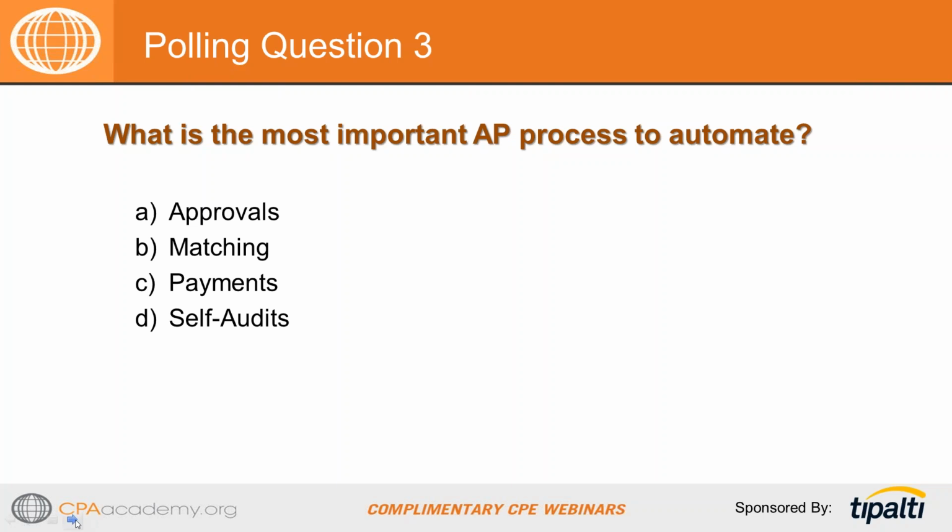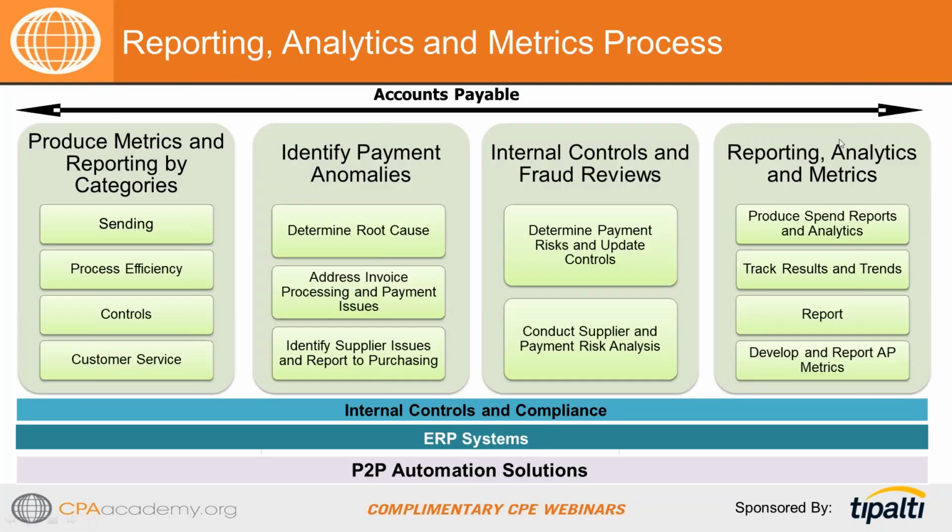Okay, last but not least, what does the overall reporting, analytics, and metrics process look like? Well, we want to take a look at metrics and reporting across accounts payable and P2P by spending, process efficiency, controls, customer service.